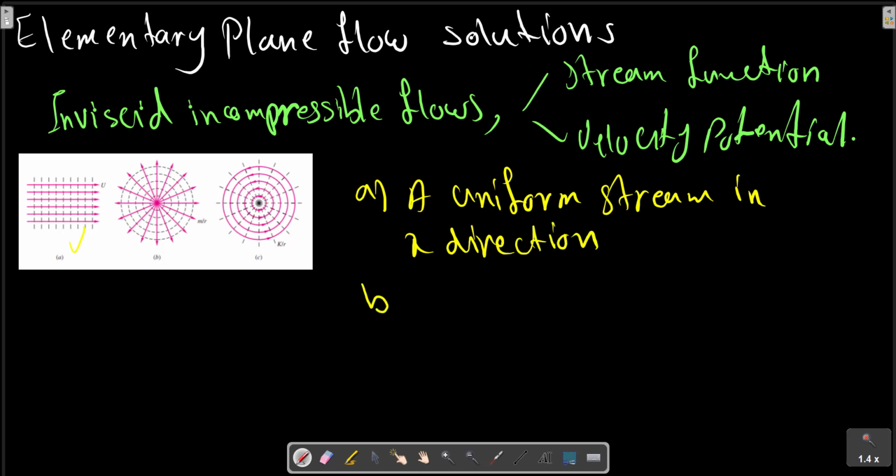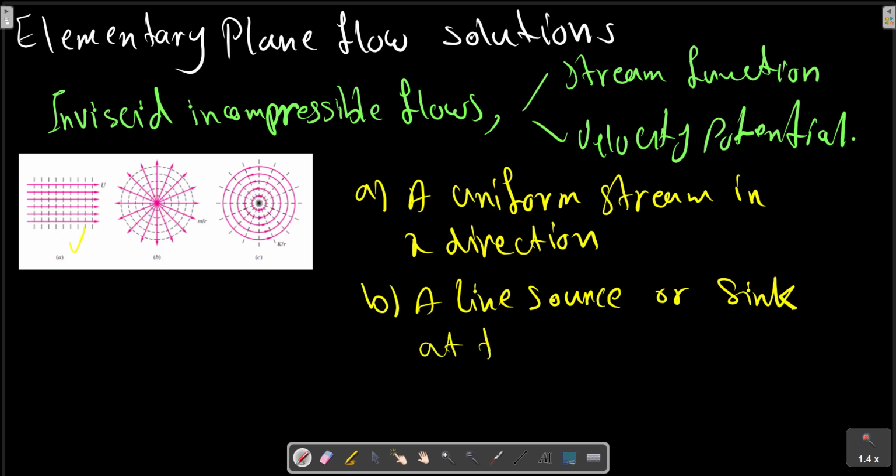B, a line source or sink at the origin, and C, a line vortex at the origin.